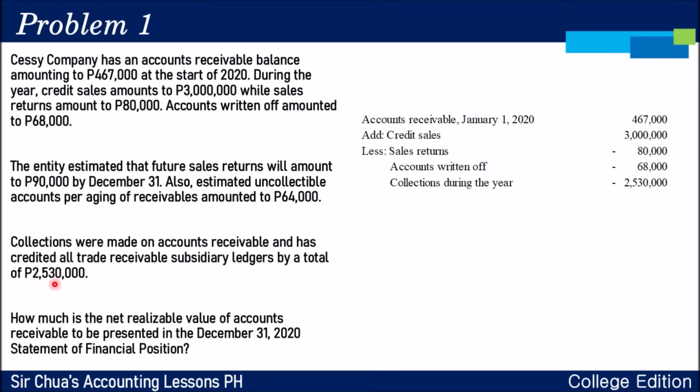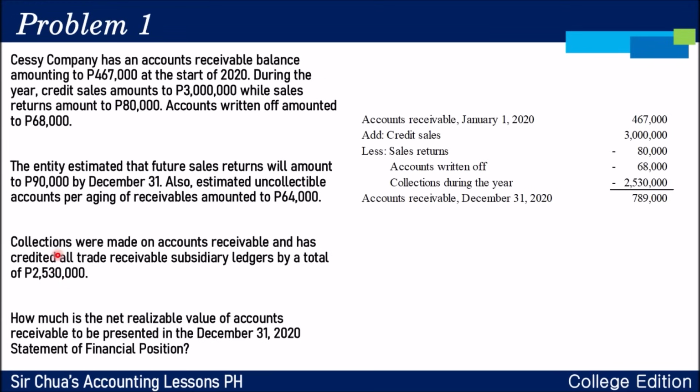Okay? So, when you already have that information, that is your ending balance of your accounts receivable as at December 31, 2020, which amounts to 789,000. Now, let's look in the problem, ano po kaya yung mga pwede pang makabawas sa accounts receivable balance, because we need to report accounts receivable at its net realizable value.